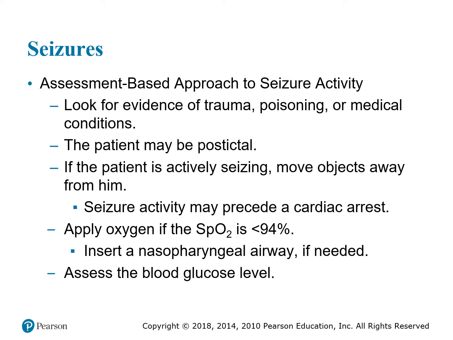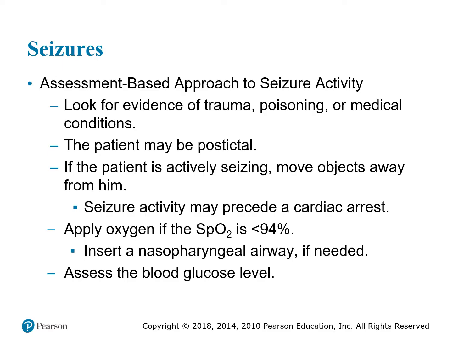You may want to lay them on their side so that if they vomit, they can expel it out to the ground and not up into their own airway. Insert an oral or nasal adjunct if you can and if you need to, and make sure their oxygen stays above 94%.